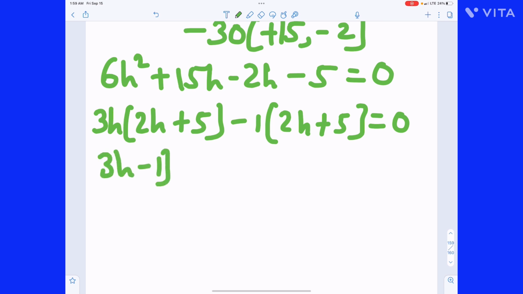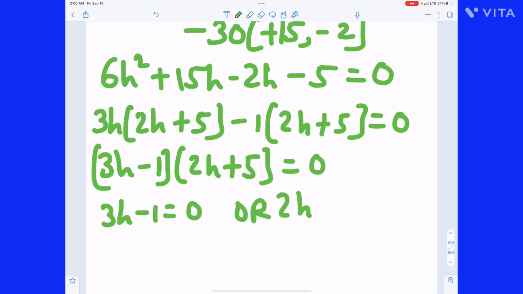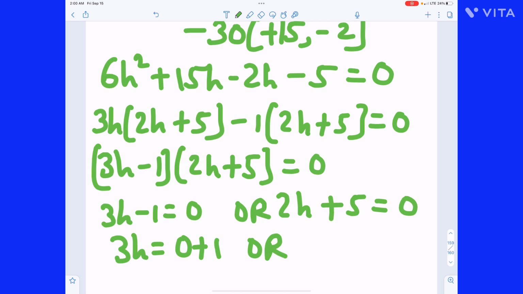So (3h minus 1)(2h plus 5) is 0. So 3h minus 1 is 0, or 2h plus 5 is 0. 3h is 0 plus 1, or 2h is 0 minus 5.